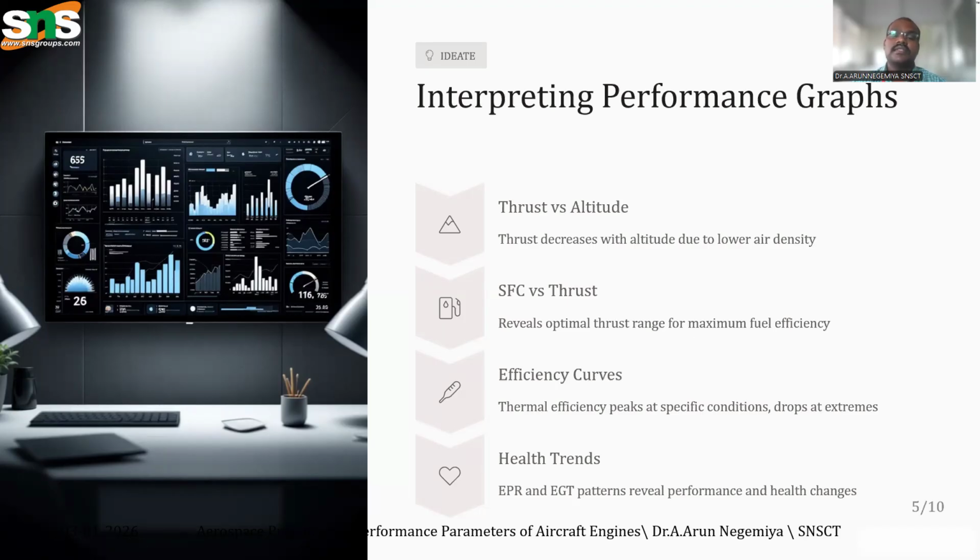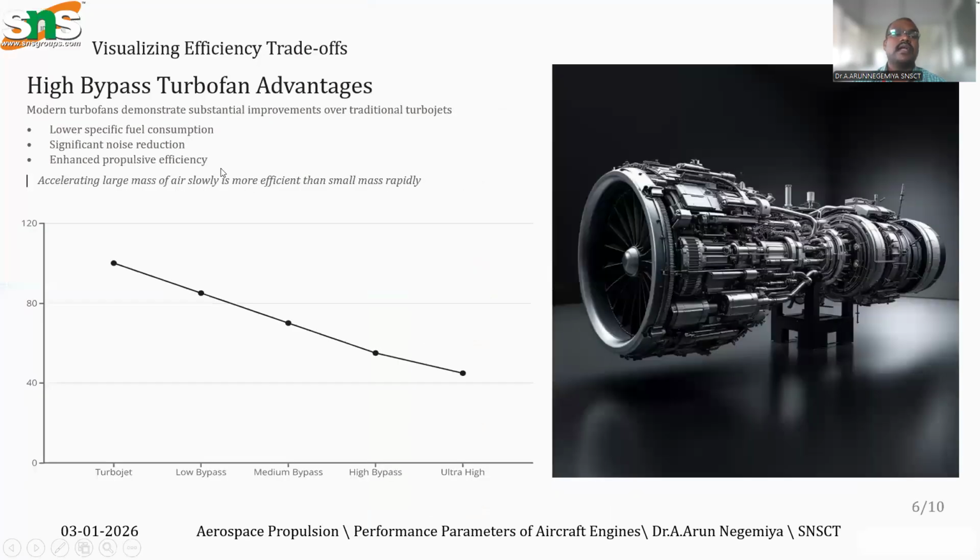In the efficiency curve, we will check the thermal efficiency and temperature. We will check the temperature of the aircraft during the takeoff. And next one is health trends. In health trends, EPR and EGT patterns reveal the performance of the engine health.